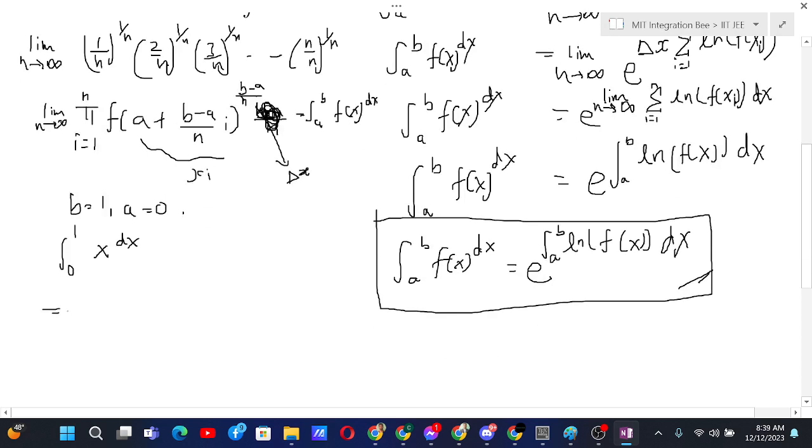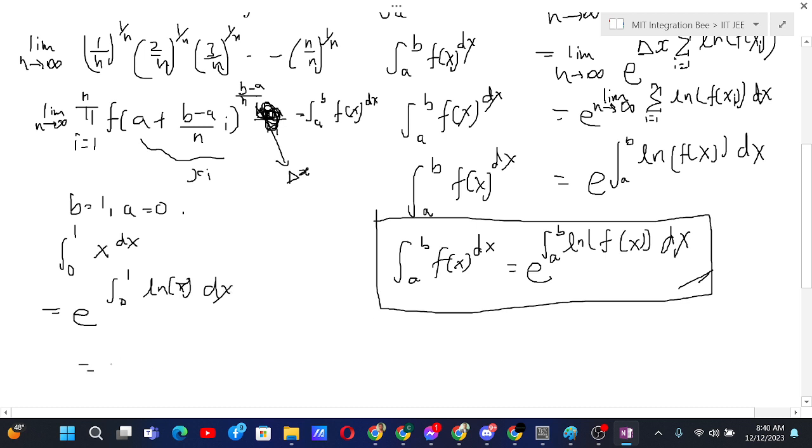Now this will be equal to e to the power of the Riemann integral of the log of the function, as we had done over here.